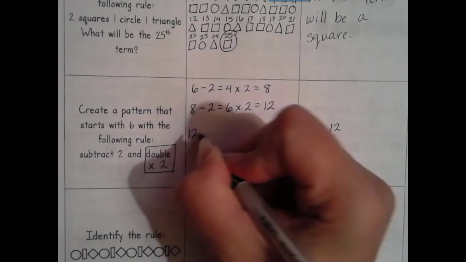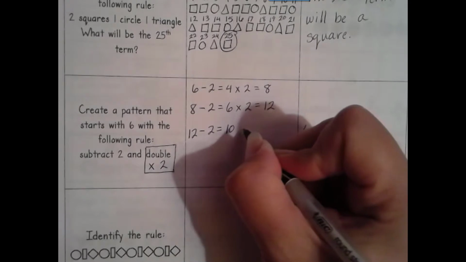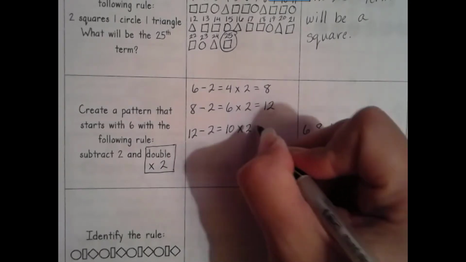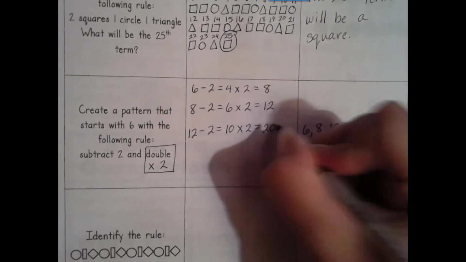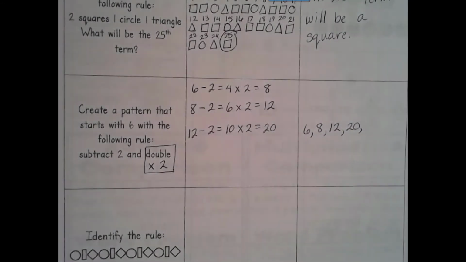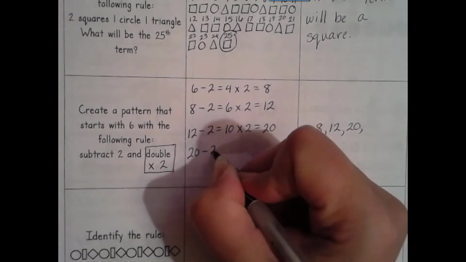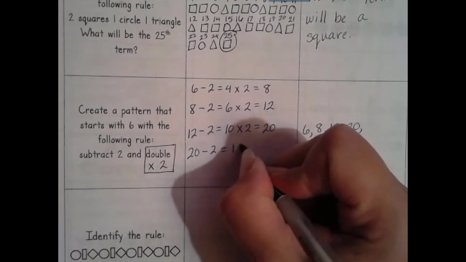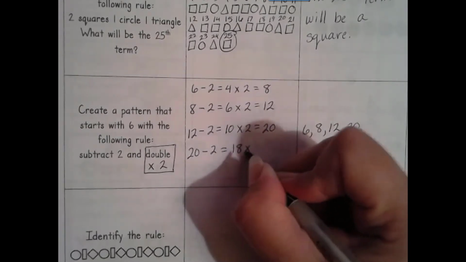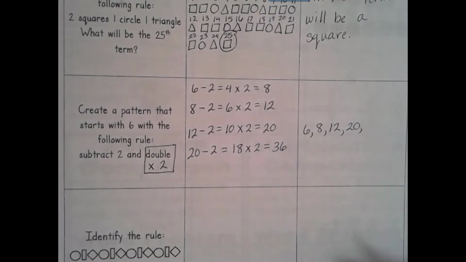Okay, then the next one, 12. Take away 2 is 10. Then I double 10, I get 20. Take away 2 is 18. 18 times 2 is 36.